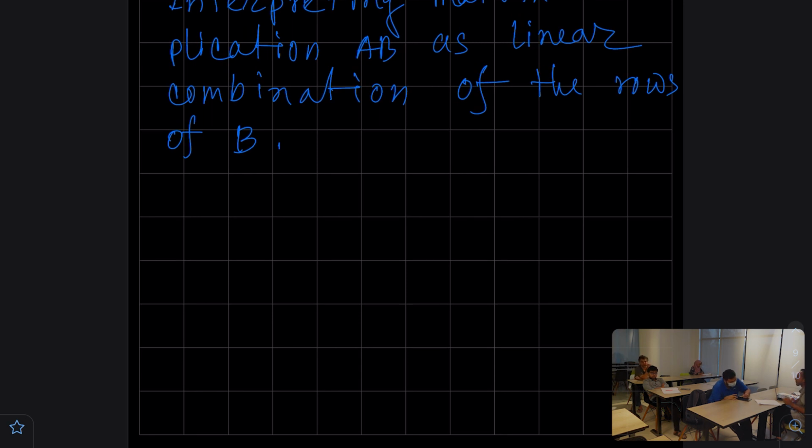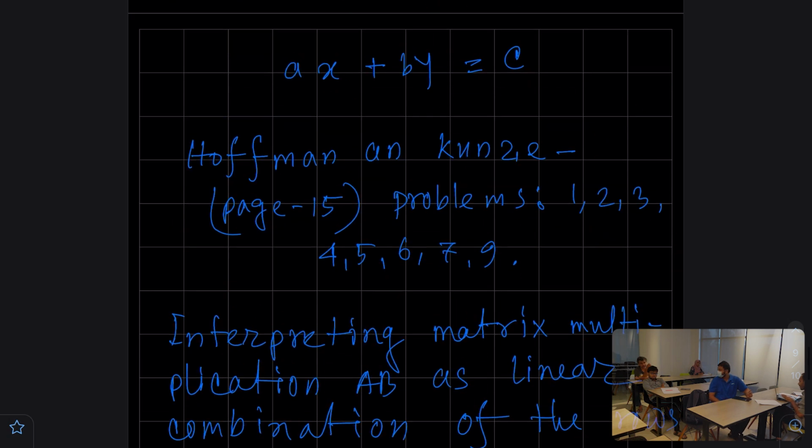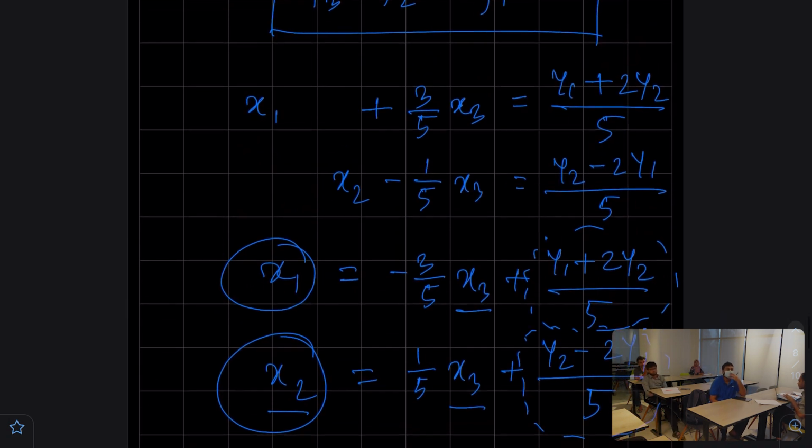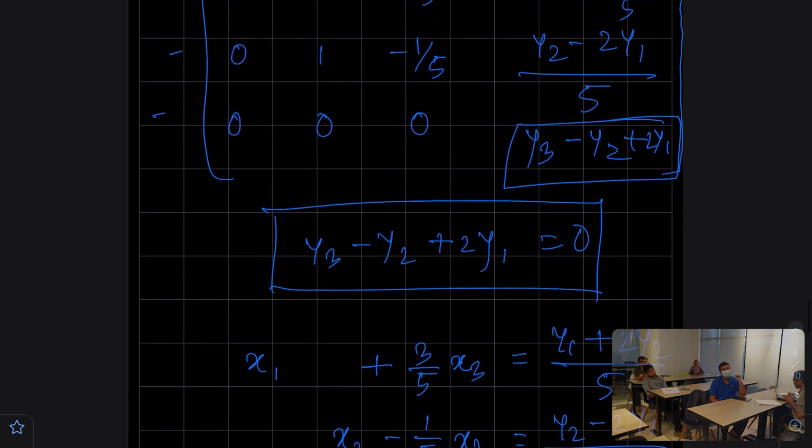I have a comment on what James showed a while ago. Can you please go above, where he wrote y3 minus y2 plus 2y1 is equal to 0? So if this is not equal to 0, what can you conclude? The system of equations doesn't have a solution.